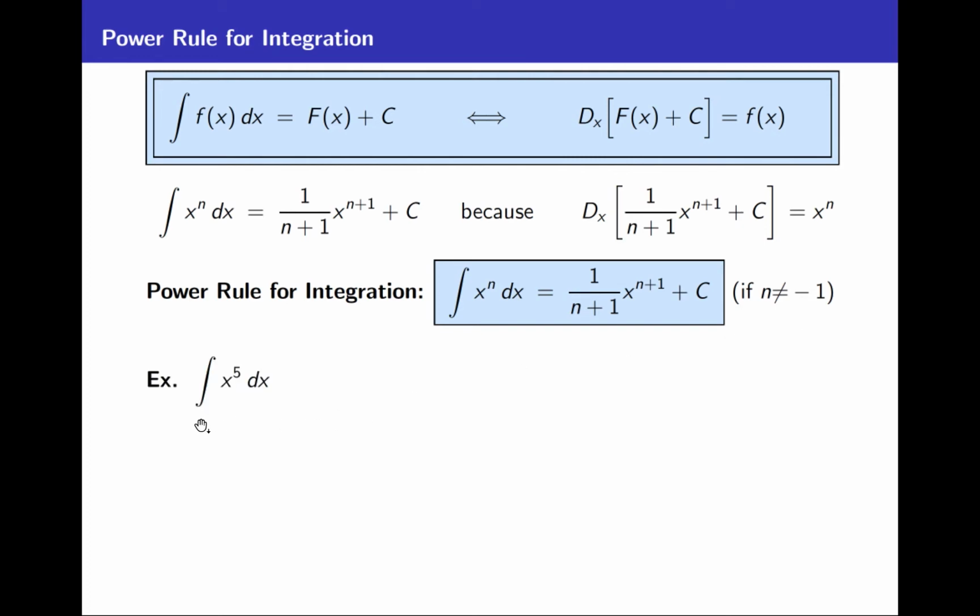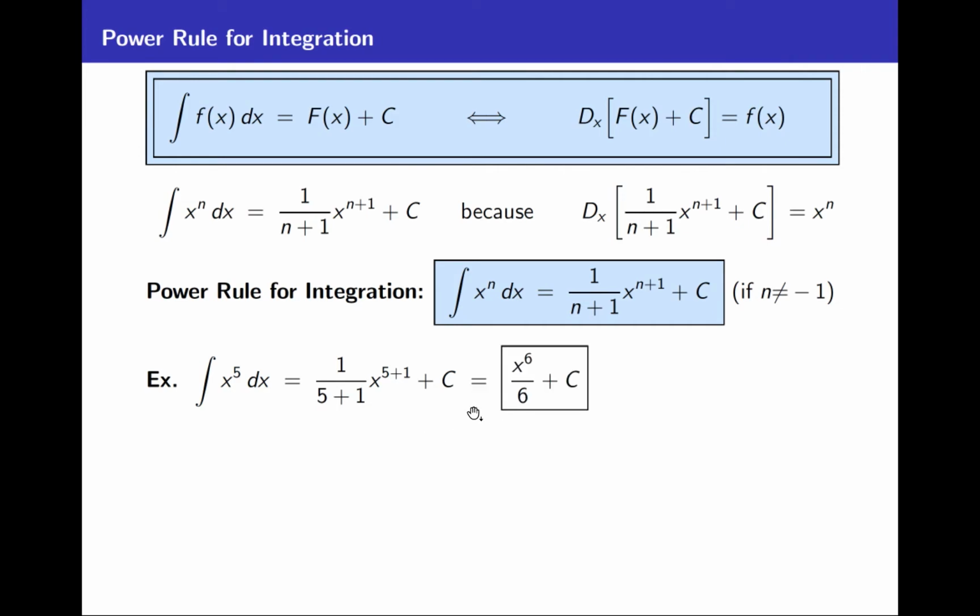So an example of this, what if you had the integral of x to the 5th dx? According to the power rule, we do the following. In this case, the exponent n is 5, so we get 1 over n plus 1, that's 1 over 5 plus 1, times x to the power of n plus 1, which is x to the power of 5 plus 1, plus a constant.